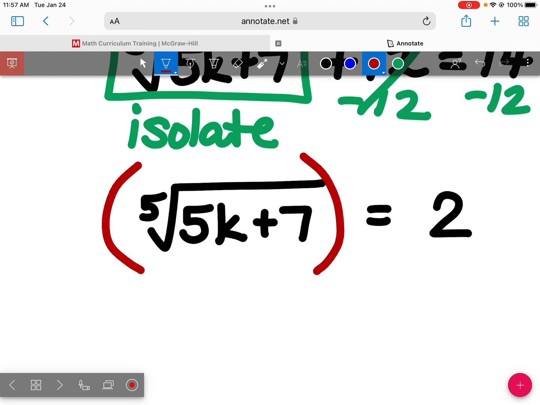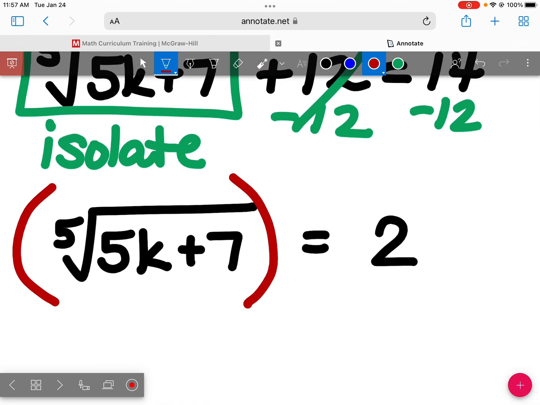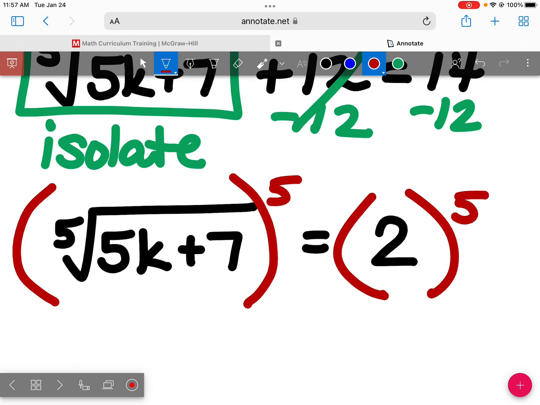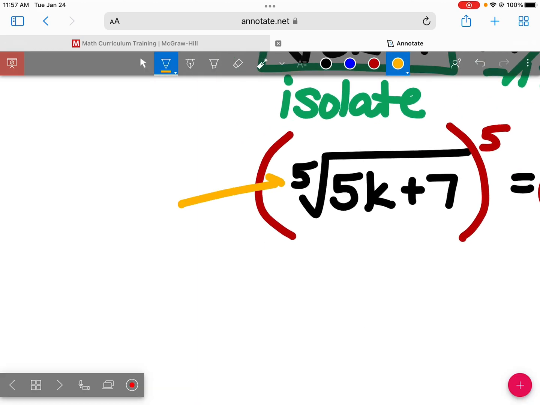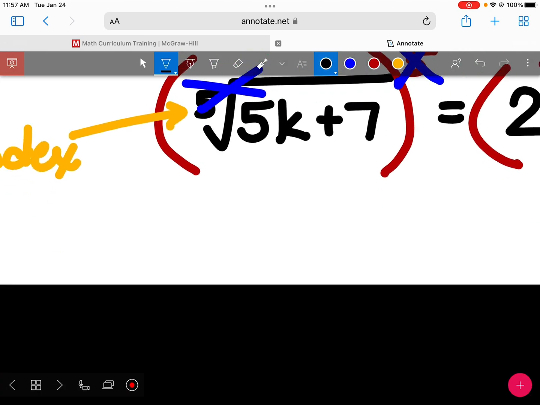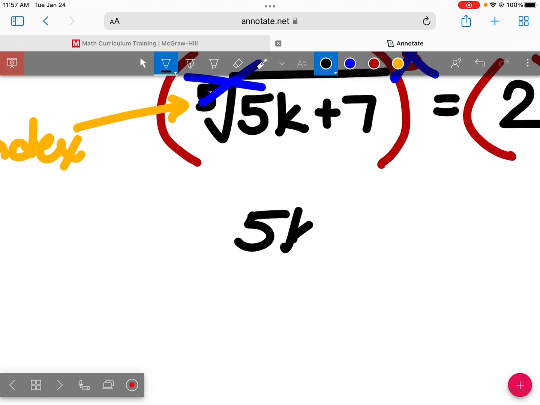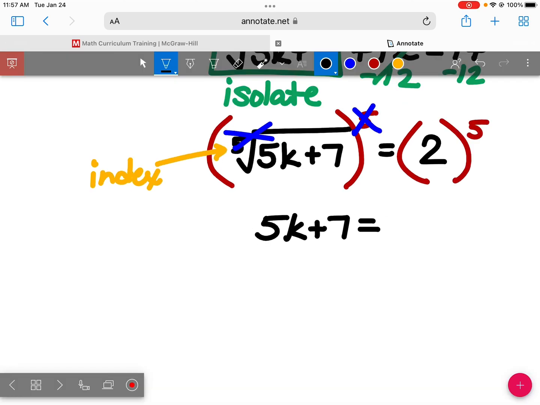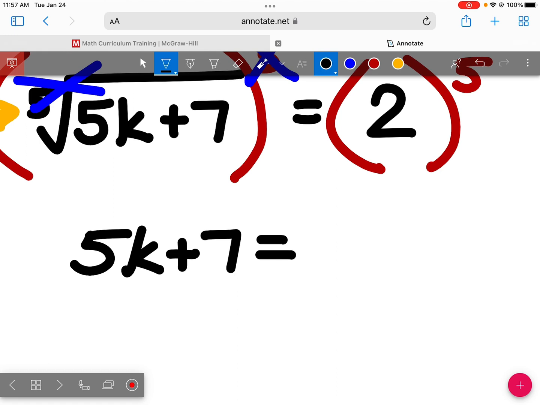Raise it to the power of the index, so I'm raising it to what power? Raise it to the 5th power. Yes. And if you do it to one side, we've got to do it to the other side, so I raise both of these sides to the 5th power. So the 5th power and the 5th root will cancel out on the left-hand side. 5k plus 7 equals 32.